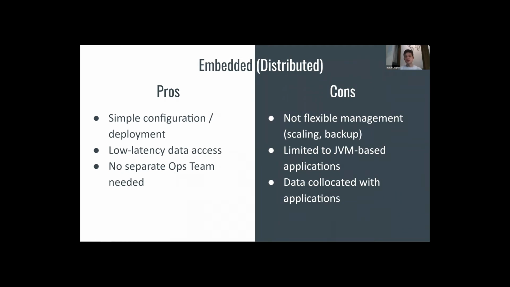It's limited to JVM-based solutions. So you can embed Hazelcast into your JVM applications, but not really into your Ruby application, for example, or Python or C#. And from the downside, I also mentioned that data is collocated with the application, which may be a problem, depending on your security policies in your organization.